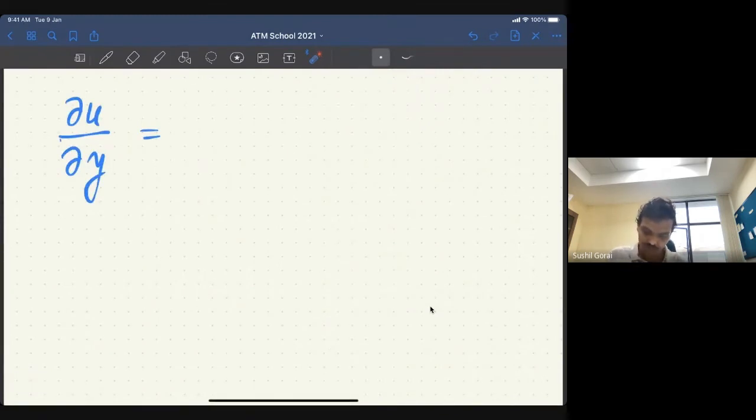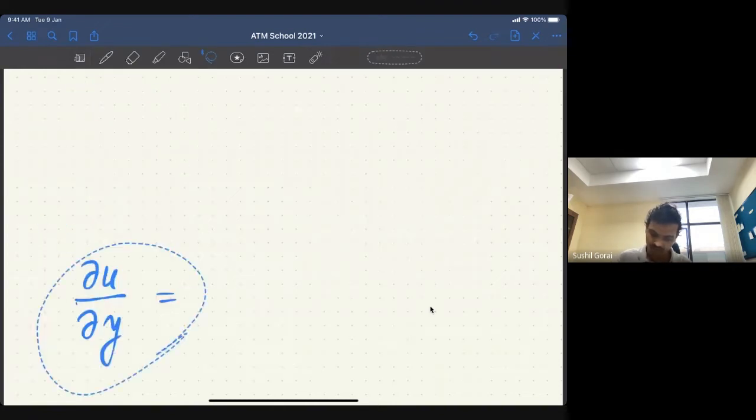So when you differentiate with respect to y, all the other parts go away. So the only thing is, well, first I should write it as what I said.